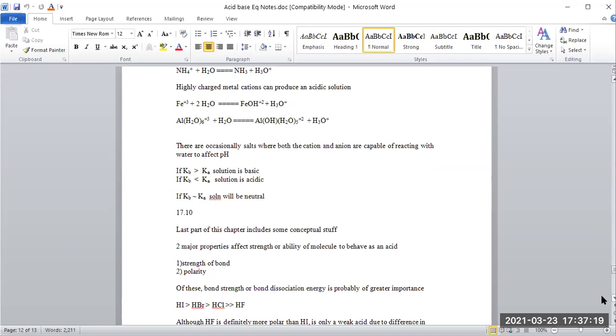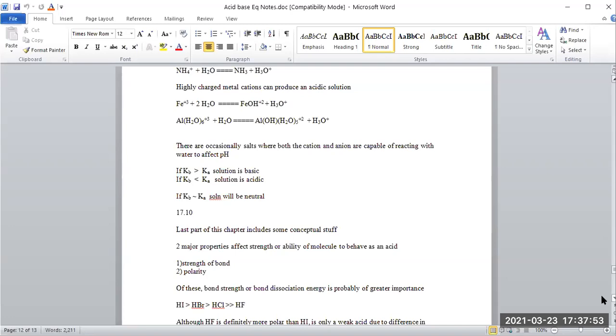So a lot of this is really dependent upon looking at your Kas and your Kbs. We know that Kas and Kbs are a feature of weak acids and weak bases, such that Kas are a way to give you an idea how strong your weak acid is. But Kbs do basically the same thing. If your Kb is stronger, bigger, it will give you a basic solution as opposed to an acidic solution.